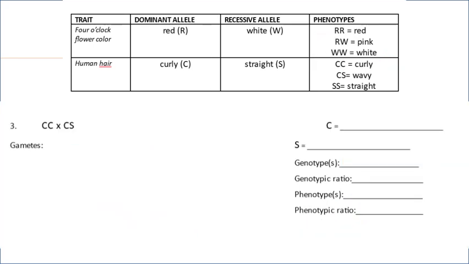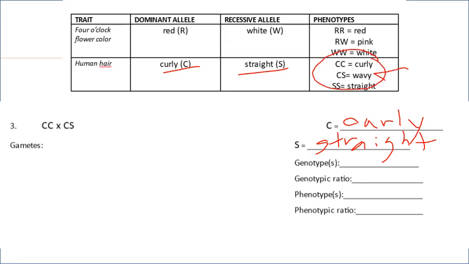The next example is going to look at human hair. Typically, when we look at human hair, we know that this is going to be curly and this is going to be straight. So that's coming from right up here. If we have a blend, again, the heterozygous is going to be a blend.